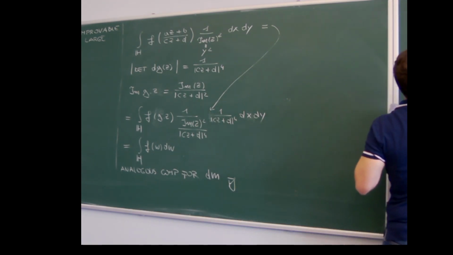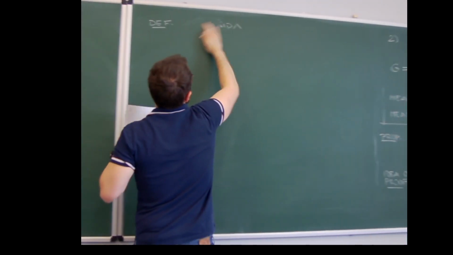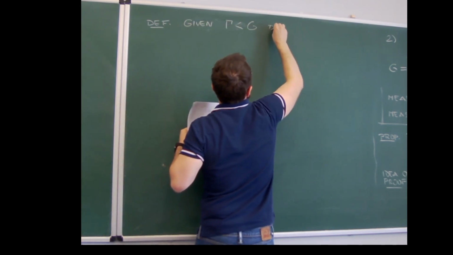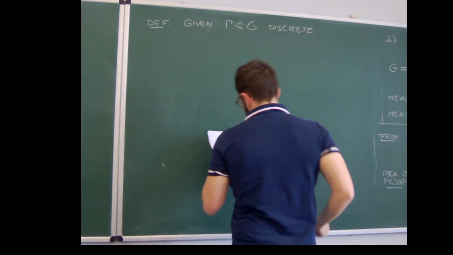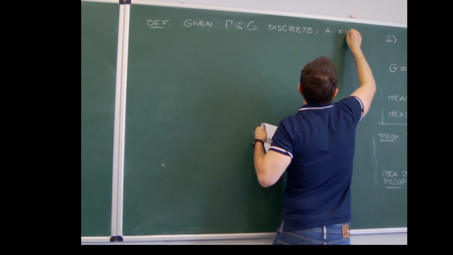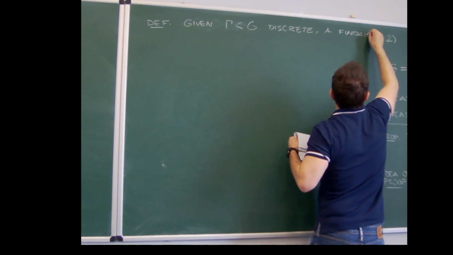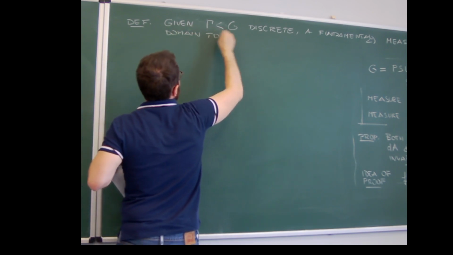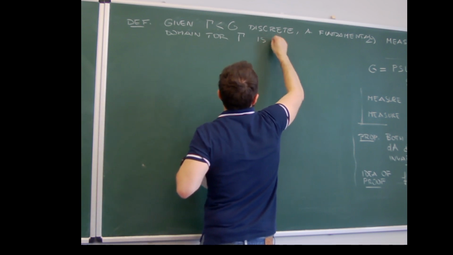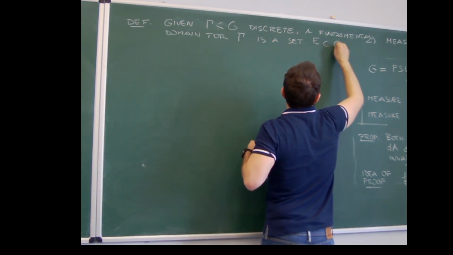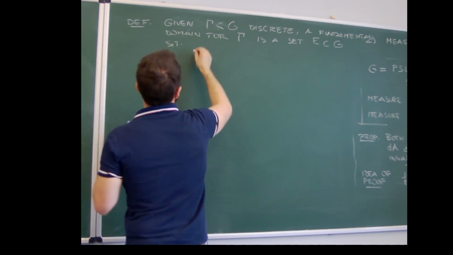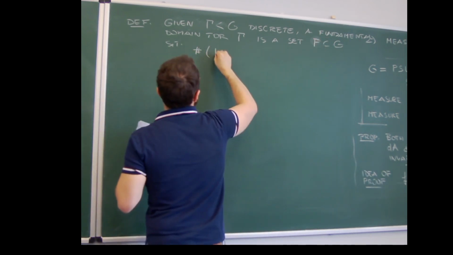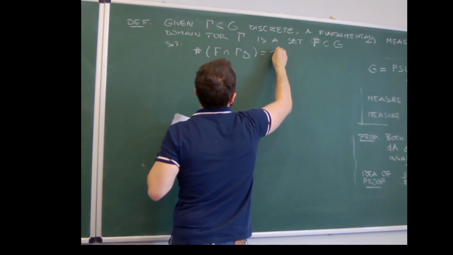Given gamma contained in G a discrete subgroup, a fundamental domain for gamma is a set F contained in G, let's call it F as fundamental domain, such that the cardinality of F intersect gamma g is equal to 1.